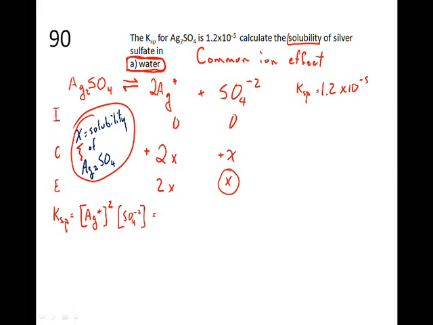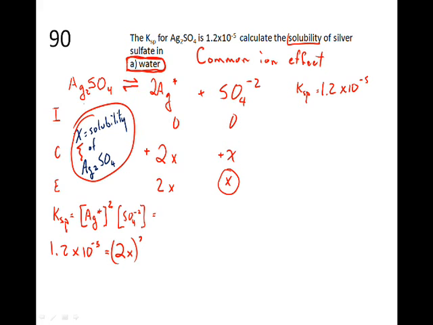So we're going to come down here and say that 1.2 times 10 to the negative 5, that's the solubility product constant, is equal to the concentration of silver squared times the concentration of the sulfate. And so this becomes 4x cubed equals 1.2 times 10 to the negative 5.